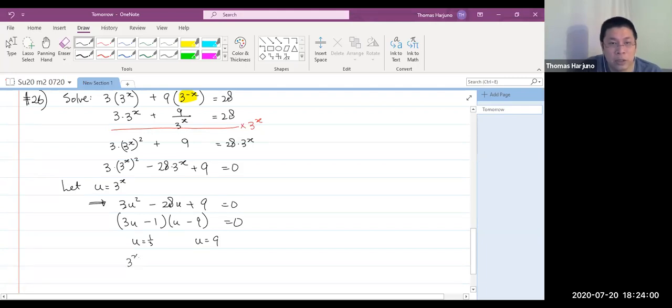So 3 to the x equals 3 to the negative 1, so x equals negative 1. And because this is an exponential function, you see u is 3 to the x, right? So x can be anything. The domain of an exponential function is all real numbers. 3 to the x equals 3 squared, so x equals 2. Both of them are okay.